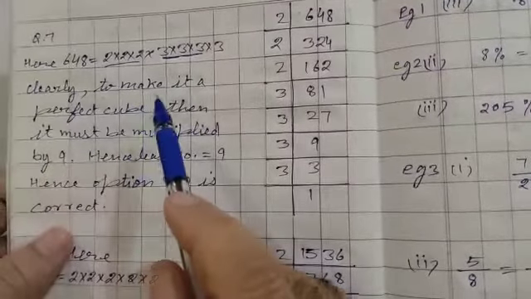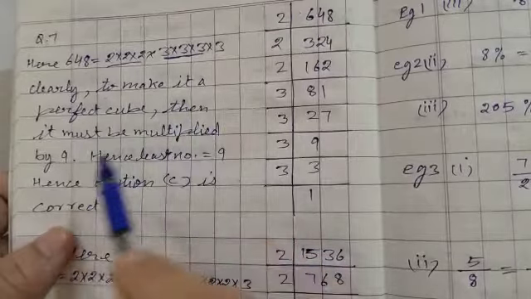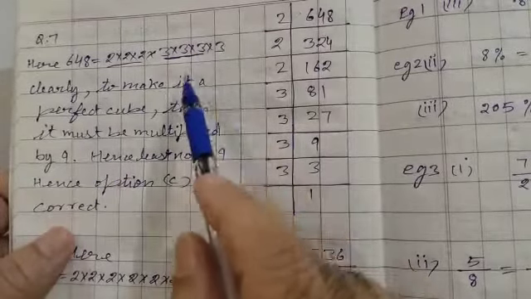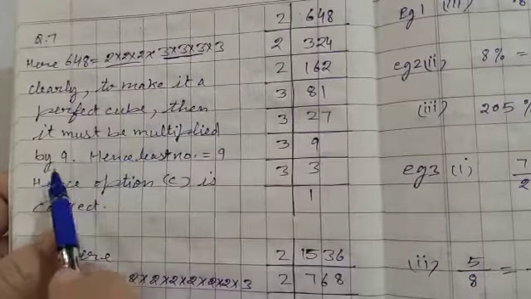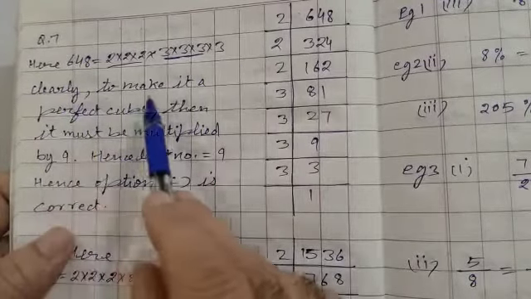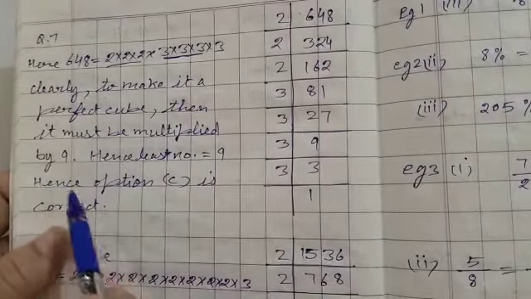Clearly, to make it a perfect cube, it must be multiplied by 9 because we need 2 more 3s. So we write 3 into 3, that is 9. Hence least number is 9.